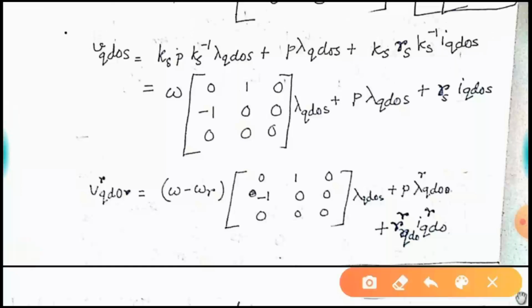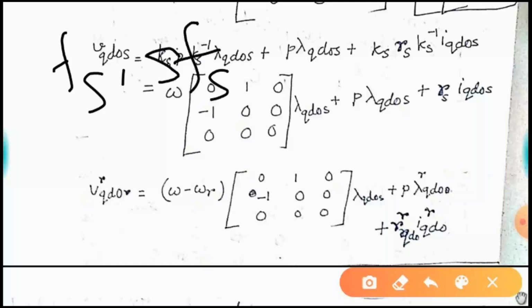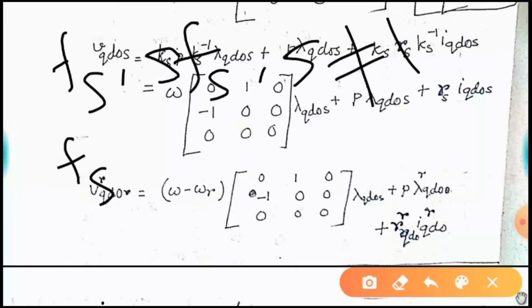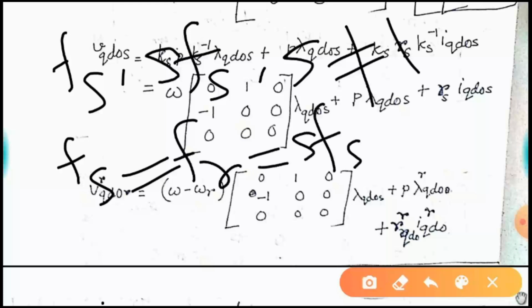As long as your rotor is rotating, S is never equal to 1. So Fs is not equal to Fr, which is SFS. Fr is the rotor electrical frequency.